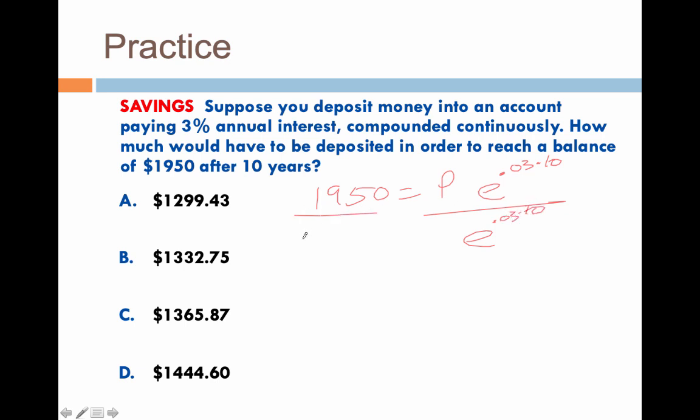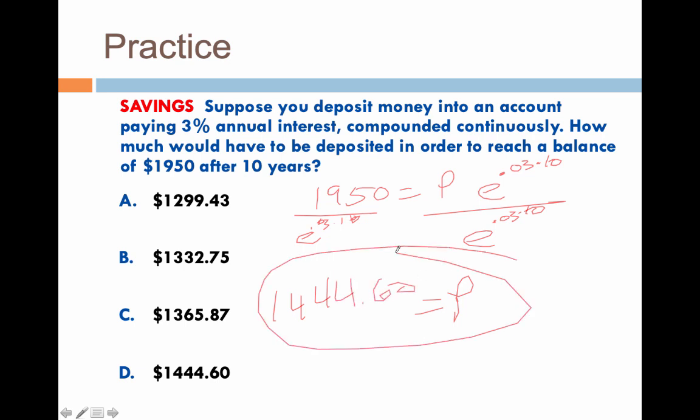So I'm going to take 1950 divided by second ln 0.03 times 10, and I needed to invest $1,444.60.